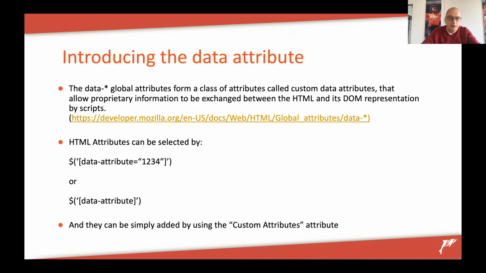For example, we could get to that by saying, give me the element that has data attribute 1, 2, 3, 4. Or give me all the elements that have the attribute data attribute. And the nice thing about these data attributes is that you can add them simply by using the custom attribute in your page builder.